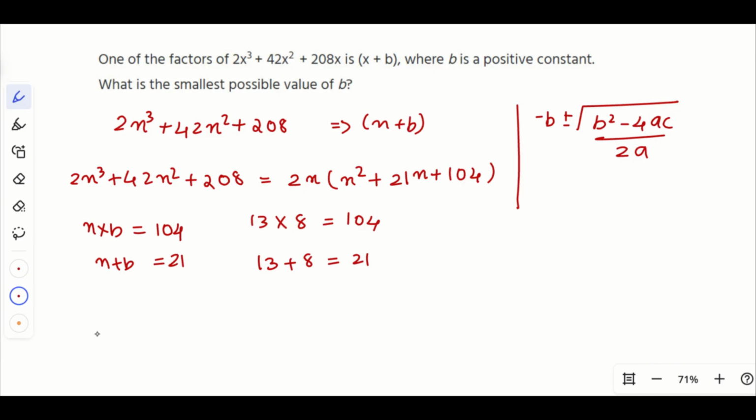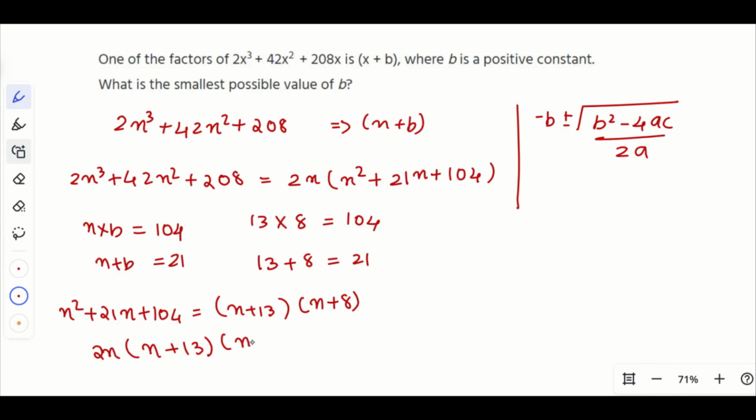So in this case, x squared plus 21x plus 104 is equal to x plus 13 and x plus 8. So the complete factorization is 2x times x plus 13 times x plus 8. Now you have to identify b.